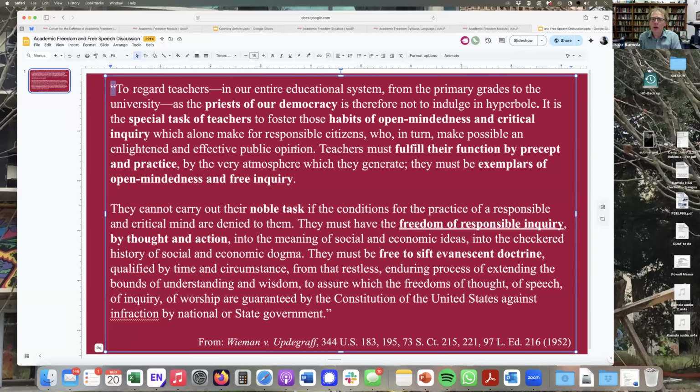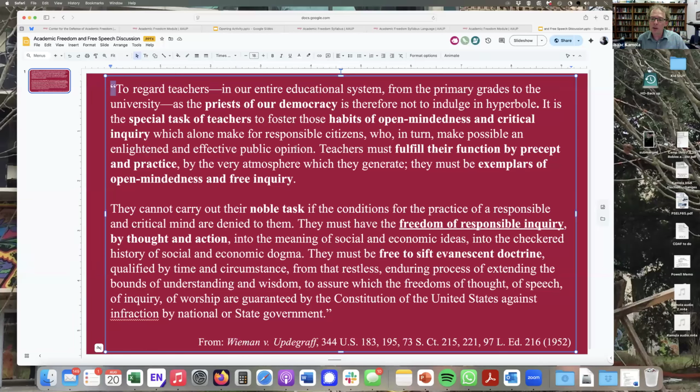That was overturned on the grounds of freedom of assembly, but Justice Frankfurter wrote a concurring decision in which he laid out a broader exposition of what faculty and teachers in higher education do that's different from just convening as a political group. It's not simply the rights of assembly or the rights of free speech.